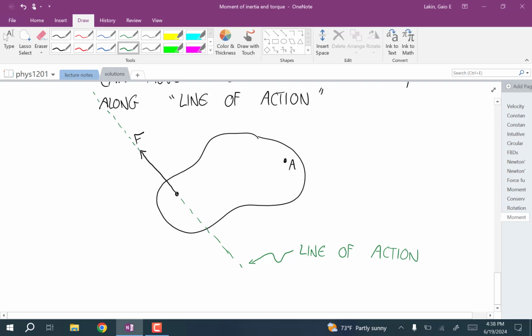So in this case, all you do is figure out where that point P would have to be along this line of action so that the force is perpendicular to the line between A and P. So notice if I moved my point P from where it is here to about here, okay?